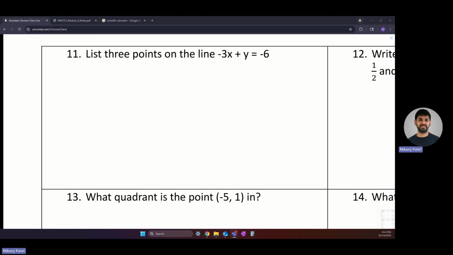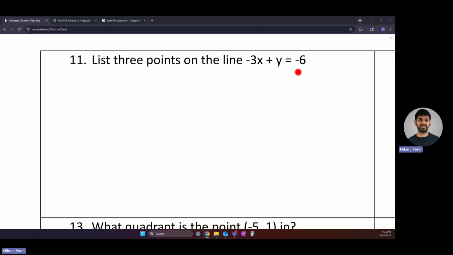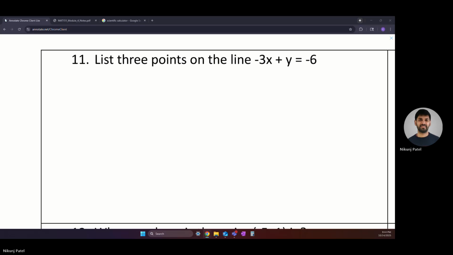So number 11. On number 11, it asks us to list some points that are on the line, and it gives us -3x plus y equals -6. One way to approach this would be to turn this equation into the slope intercept form, or y equals mx plus b.